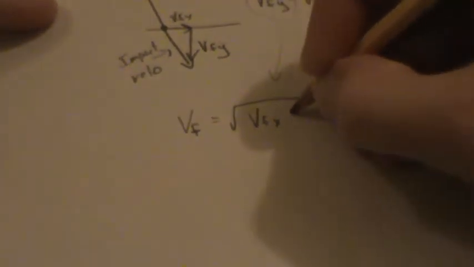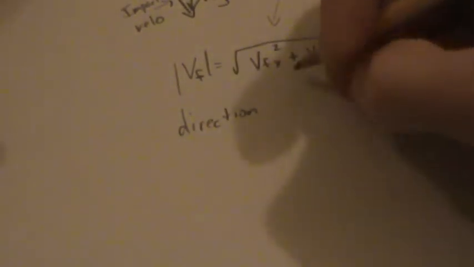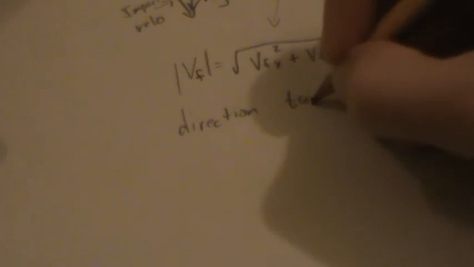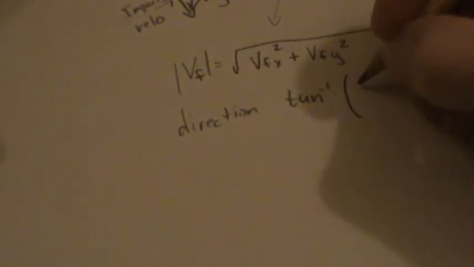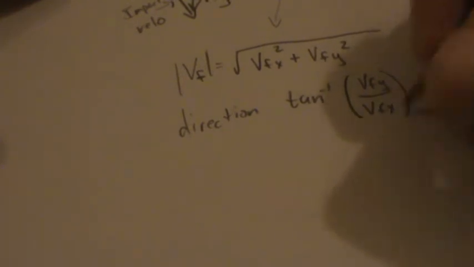So the actual velocity final is the square root of VFX squared plus VFY squared, and the direction, this is the magnitude that I've just given you, the direction is tangent inverse of VFY over VFX.